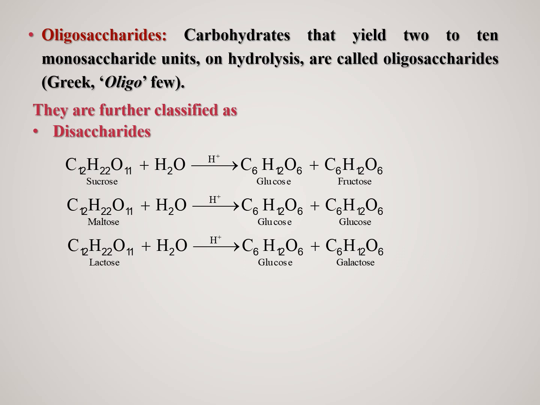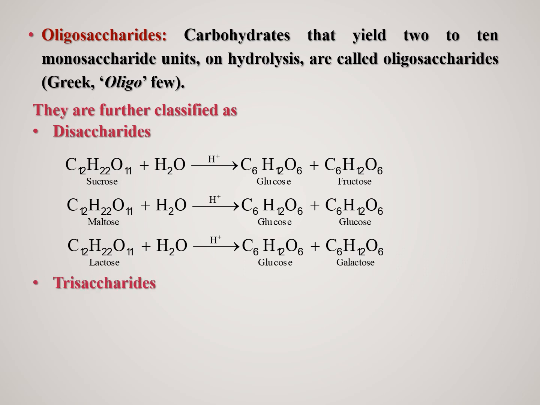Lactose produces glucose and galactose. Whereas maltose obtained from malt is called a homodisaccharide because on hydrolysis it produces only molecules of glucose. So this is how we understand disaccharides.